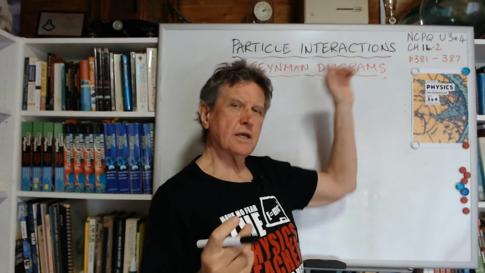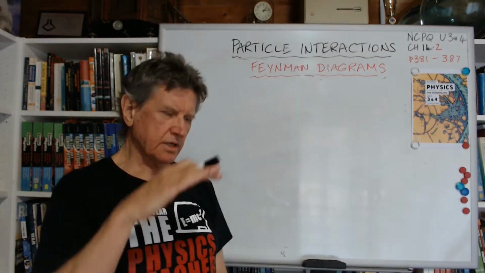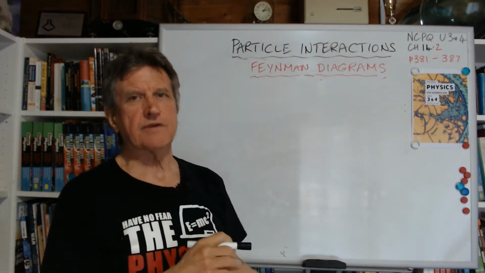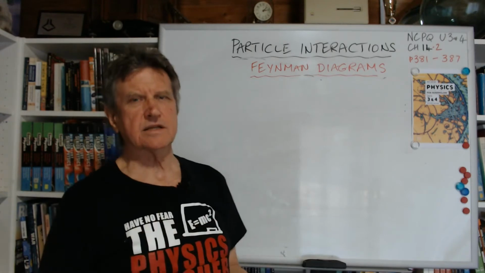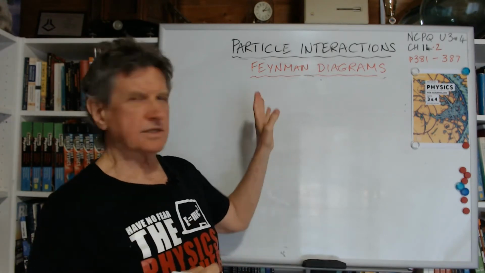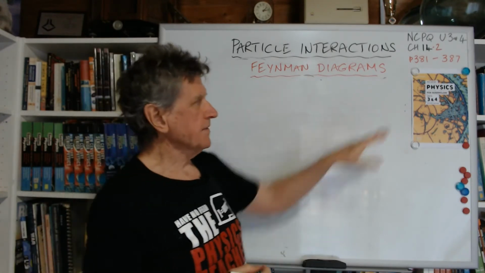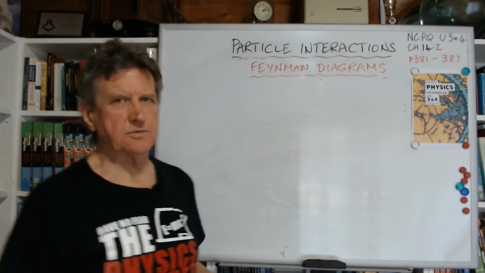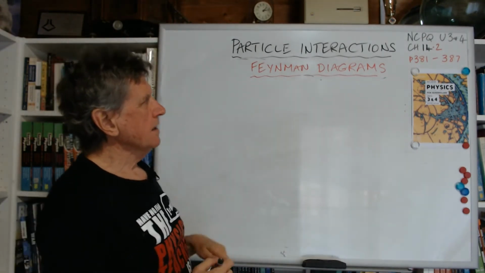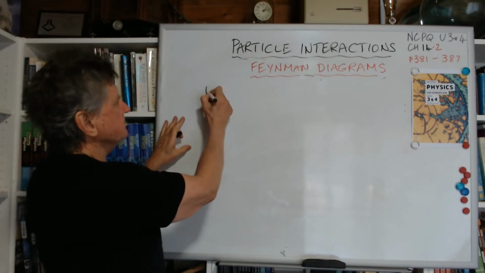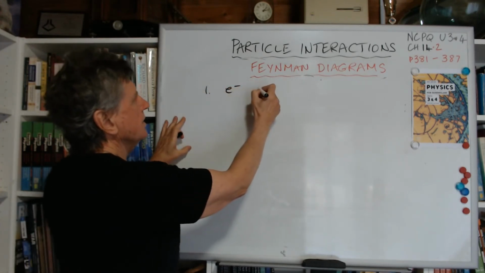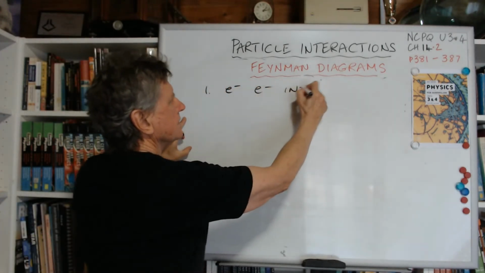QCAA has put out a little booklet on Feynman diagrams, and it has listed the 5, plus it's given some hints about some of the conventions. It's in the textbook. It'll be in all textbooks. It's fairly straightforward. Okay, the first one is the electron-electron interaction.